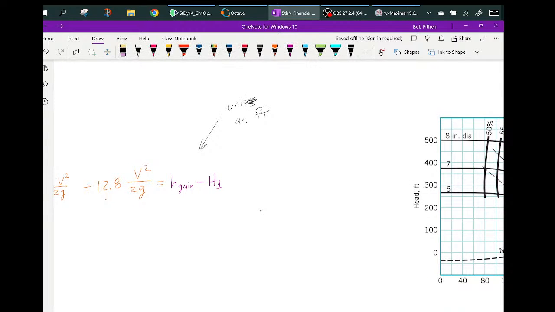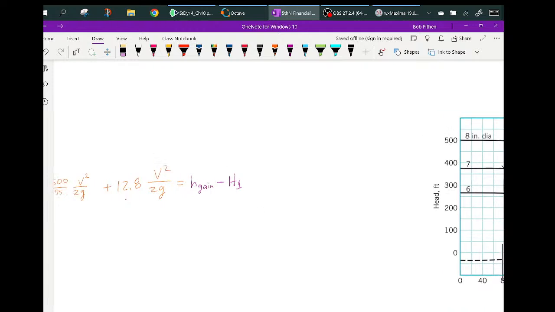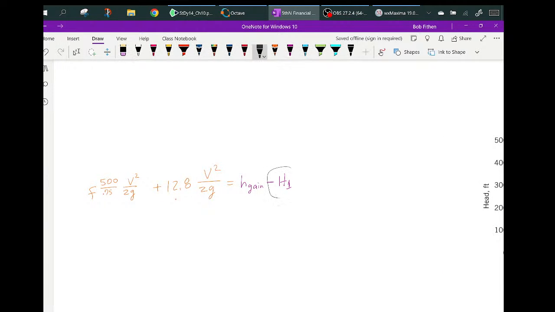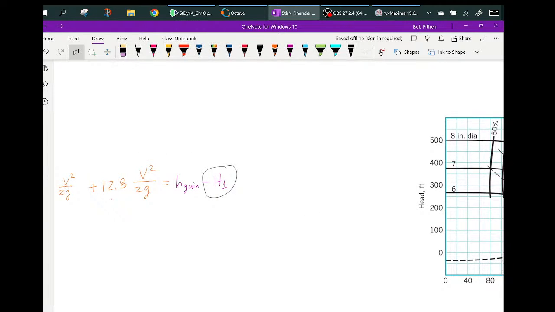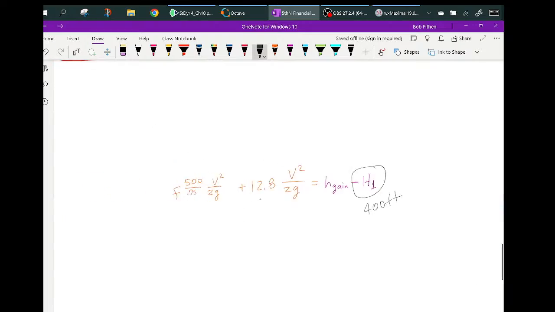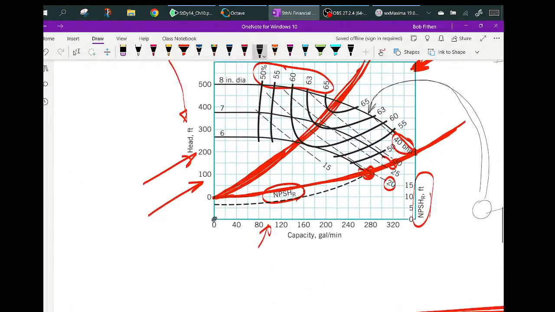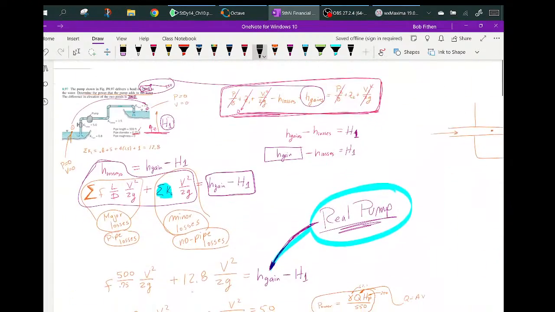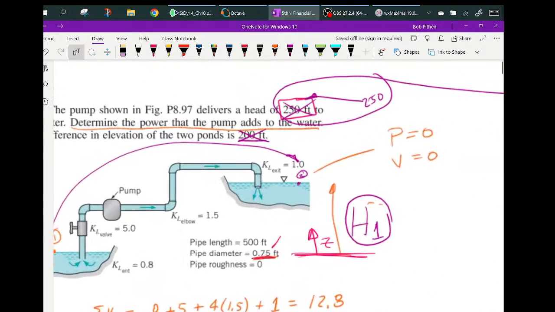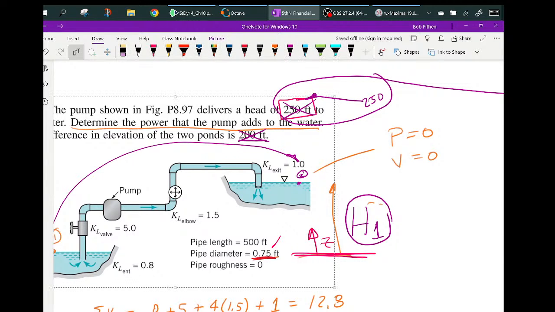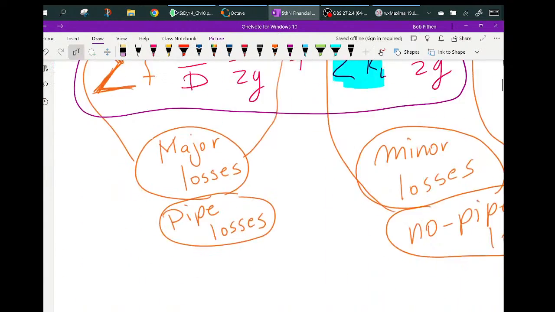Now, we don't know this. Let's say this is going to be 400 feet. Well, maybe we'll stick. Yeah, we'll make it 400 feet. So the two, go back down here.